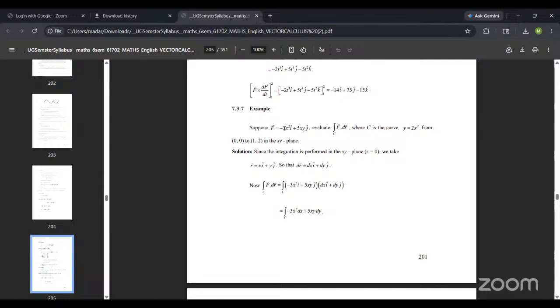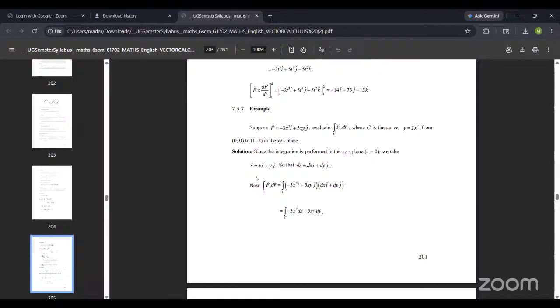Now suppose f equal to minus 3x squared i plus 5xy j, and evaluate the integral of f dot dr, where c is the curve y equal to x squared from 0,0 to 1,2 in the xy plane. Since the integration is performed in the xy plane, then z equal to 0.